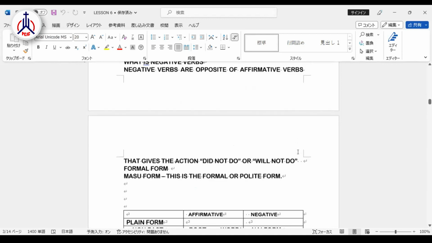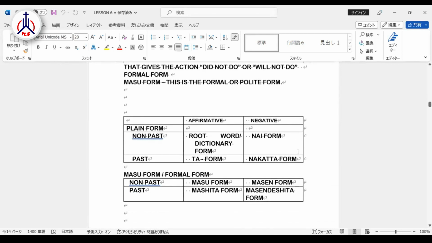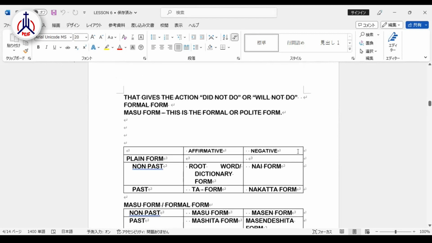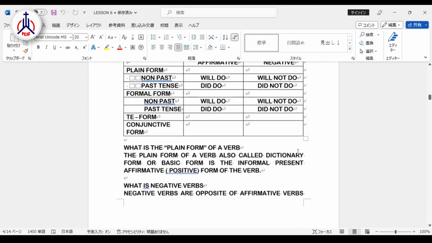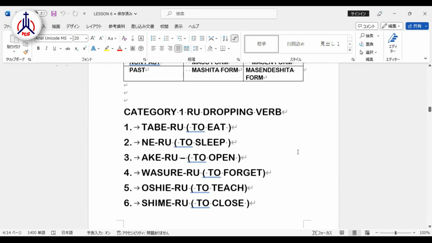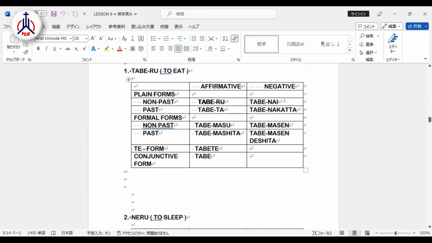So how will you conjugate the root dropping verb? The rule is you just drop the ru, and then you add, if it is negative, nai, right? If it is past tense, you add ta. If it is past negative, you add nakatta.